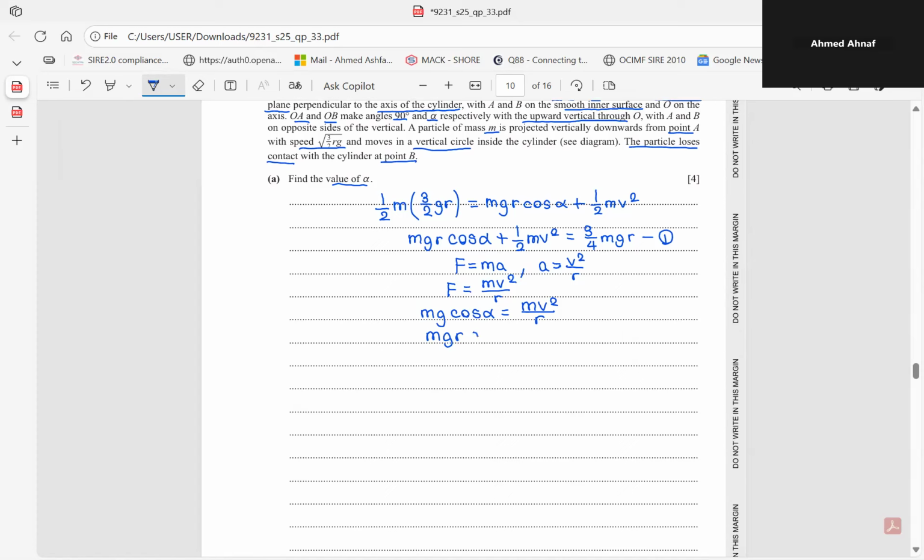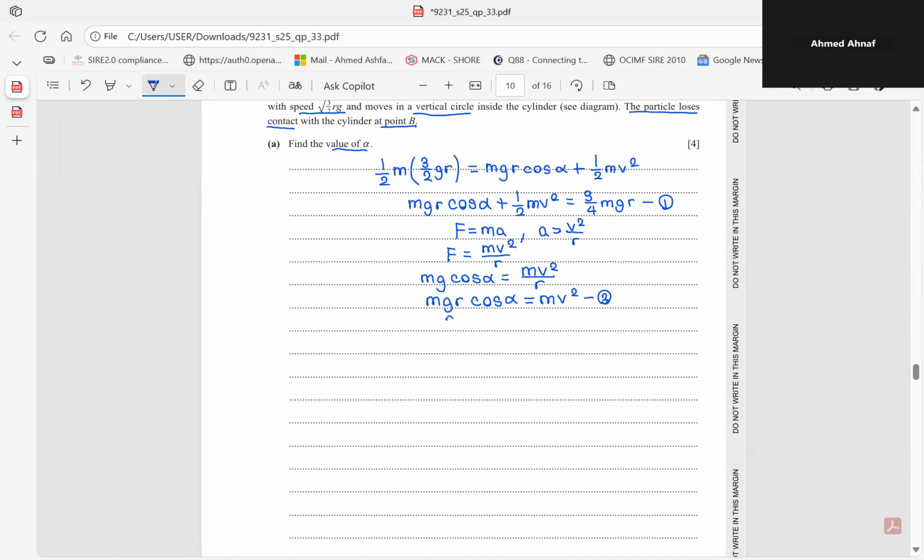So you'll get mgr cosine alpha equals mv squared. So this is our second equation. And since our question told us to find the value of cosine alpha, we should ideally try to express everything in terms of cosine alpha and nothing else. So we're going to substitute the second equation into the first equation.